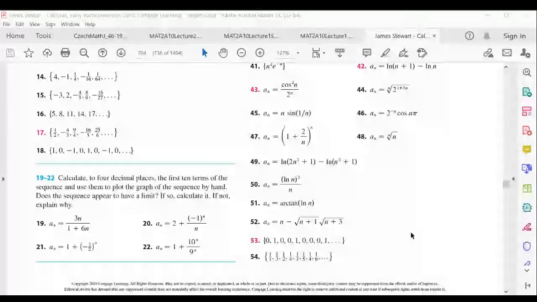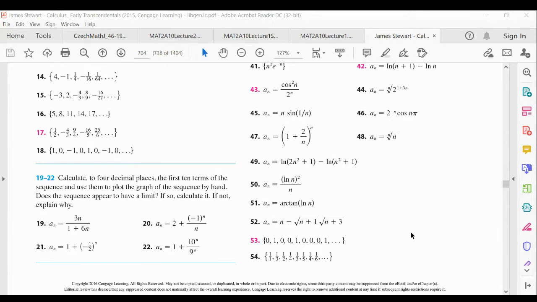So remember, we need to go back to the definition of converging and diverging, right? The definition says the larger I make the index n for the sequence, the closer the value gets to one particular value.